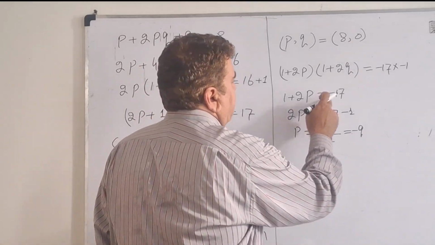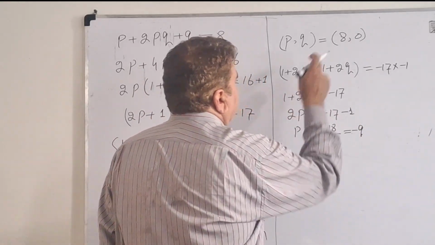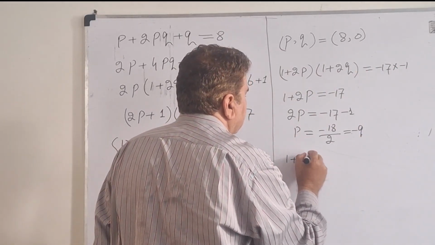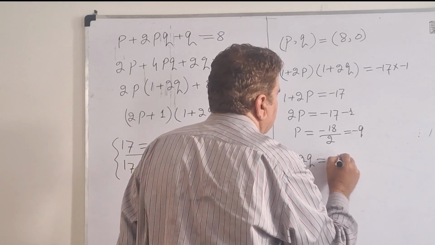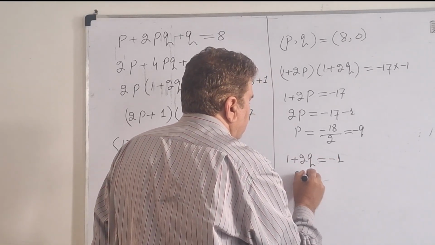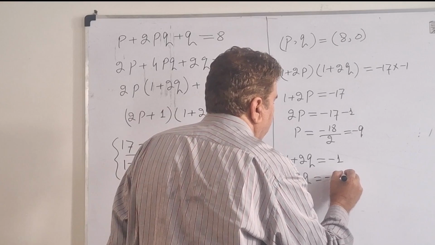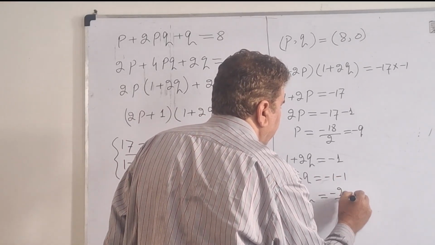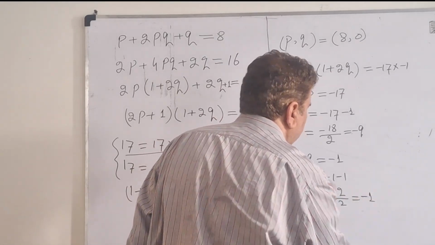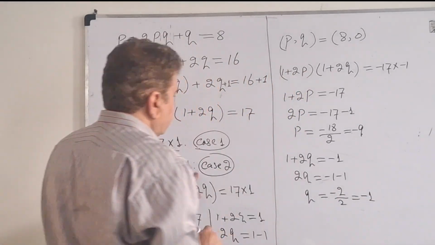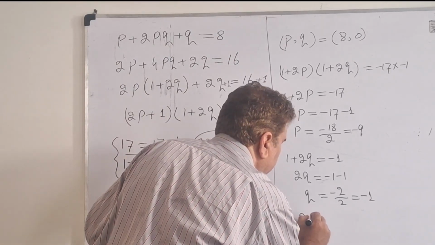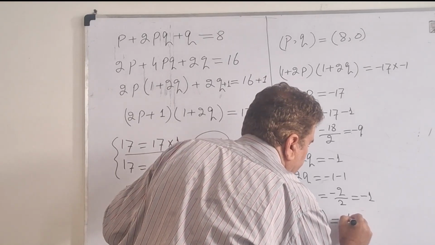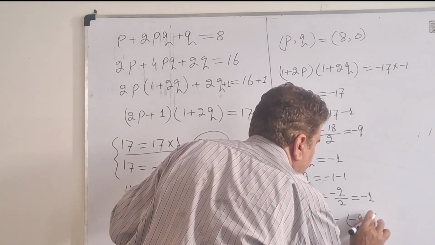So p for this choice is minus 9, and similarly if I set this to minus 1, I get 1 plus 2q equals minus 1, or 2q equals minus 1 minus 1, or q equals minus 2 divided by 2 equals minus 1. So the solution set for case 2 is (p, q) equals (minus 9, minus 1).